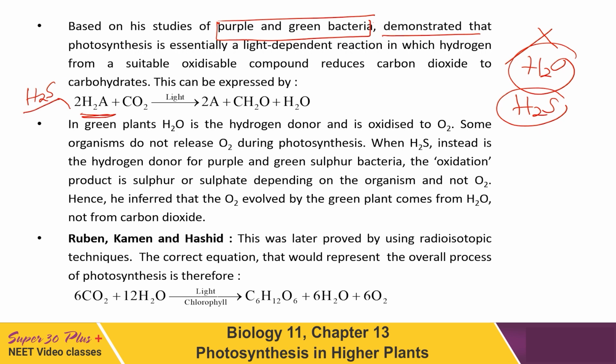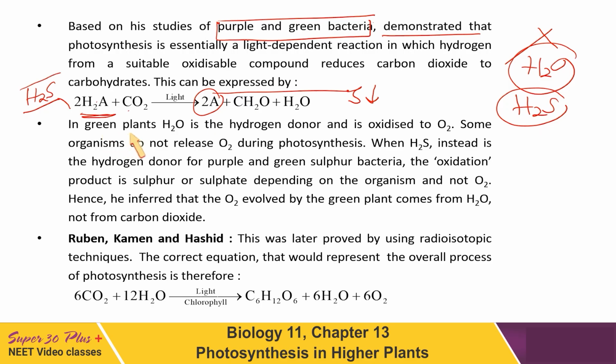This is the reduction power which will reduce the carbon dioxide, and as a result of which this 2A, or we can say sulfur, will get precipitated. So he gave an idea that for reduction of carbon dioxide, a reducing substance is there, in this case hydrogen sulfide.